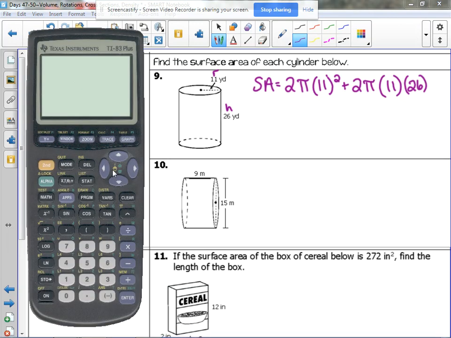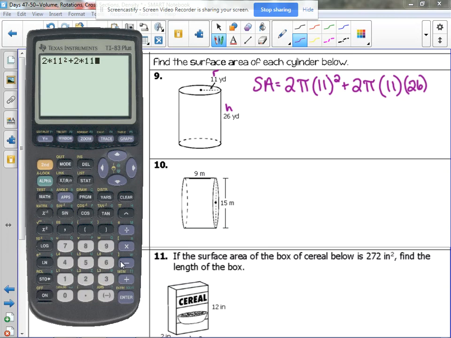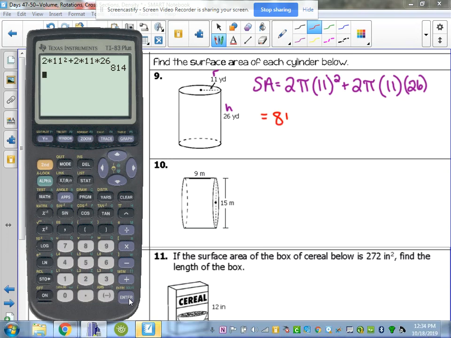Now, let's talk about if we're doing this in terms of pi. We put in everything but the pi's. 2 times 11 squared plus 2 times 11 times 26. So our surface area is 814 pi. I did not put the pi's in my calculator.